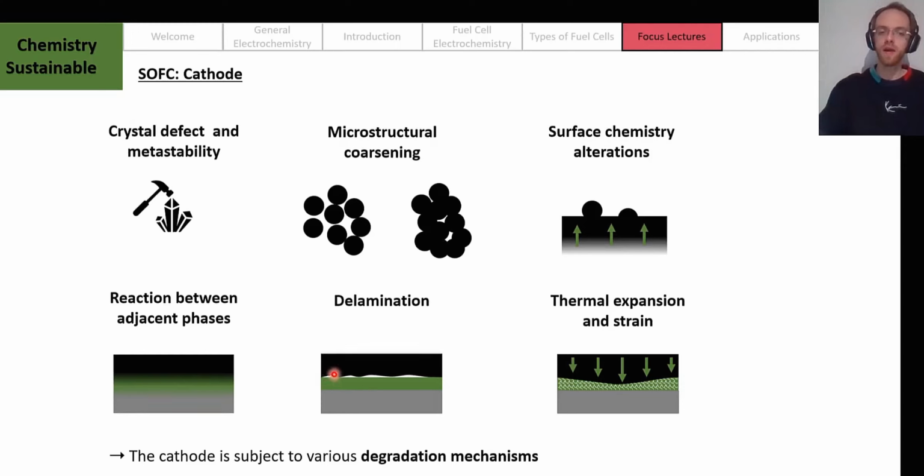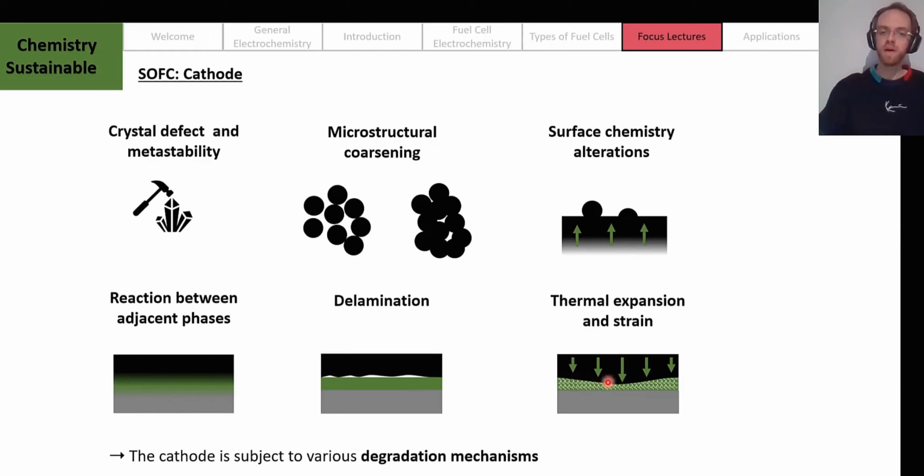So once you have spaces where you're losing contact here, your ion transfer is, of course, significantly aggravated in these parts, and this is, of course, compromising your activity. And we have something like thermal expansion and strain. So also expansion, of course, in the short term might destroy your electrolyte.